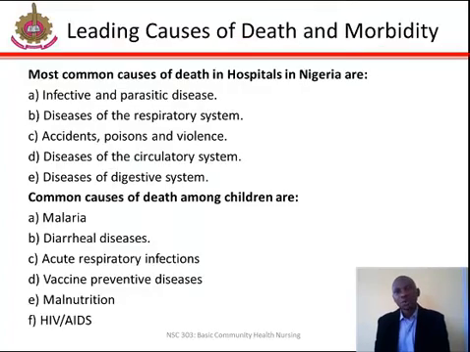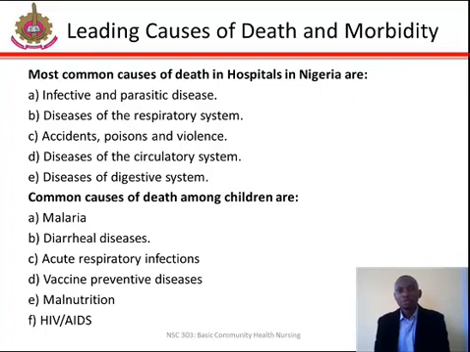Out of every 10 deaths worldwide, 6 are due to non-communicable condition, 3 to communicable and reproductive or nutritional condition, and 1 to injuries. The leading causes of death are injuries and infectious diseases such as pneumonia and influenza.